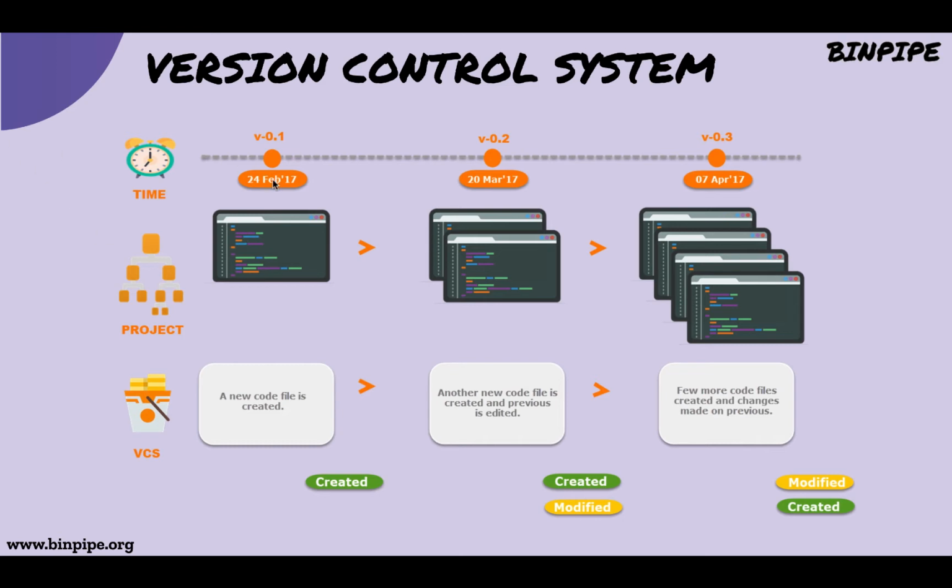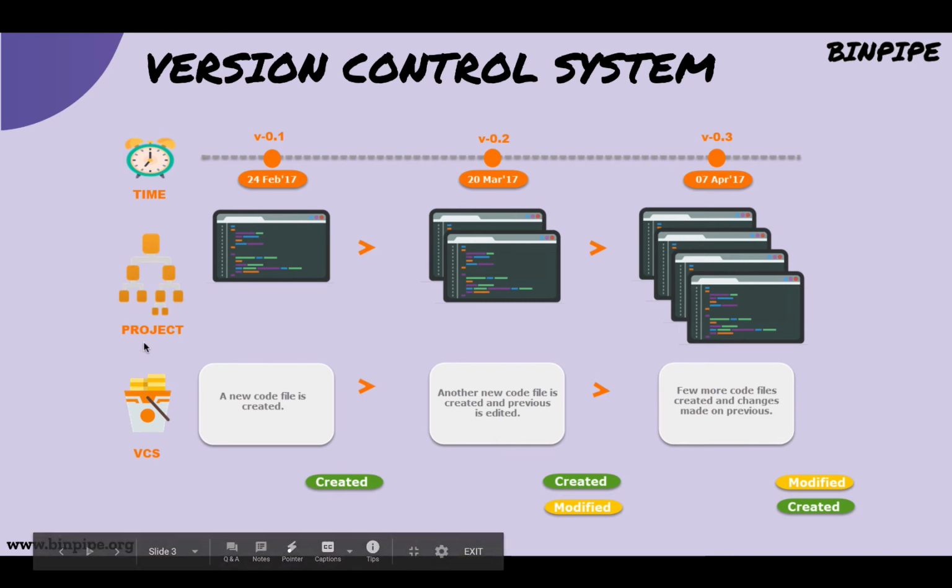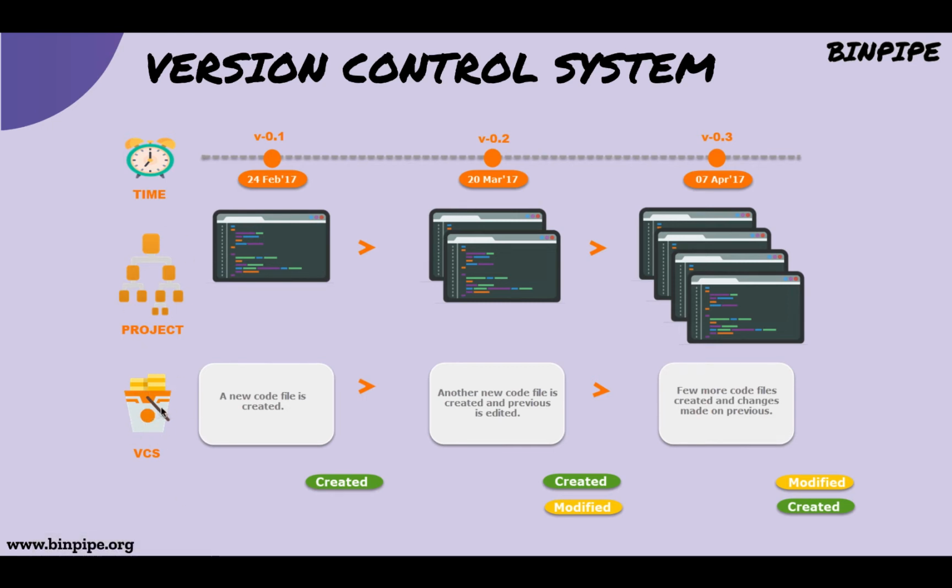So coming back to this diagram, say you have a project. In a version control system, for example, you have one file that is created, and that's part of the project. After a few days, when multiple people are working on that particular project, more and more files are added, and at a later time even more are added.